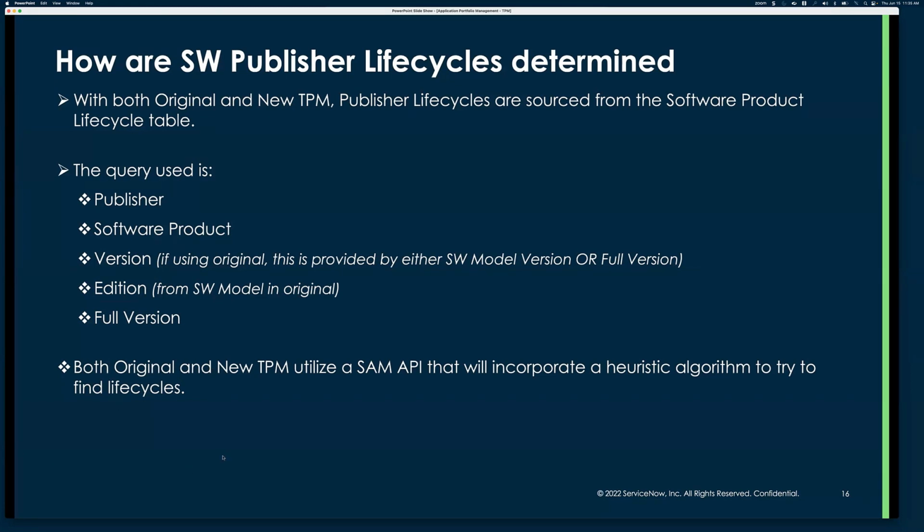Both the original and new TPM use a software asset management API that incorporates a heuristic algorithm. And really what it's working with is this full version. So full version might be that dotted build number that you get when you do discovery. So it can use that full version to try to find a correct life cycle.